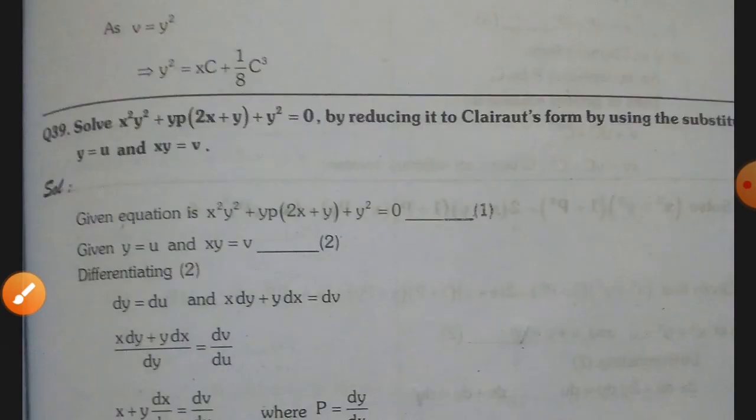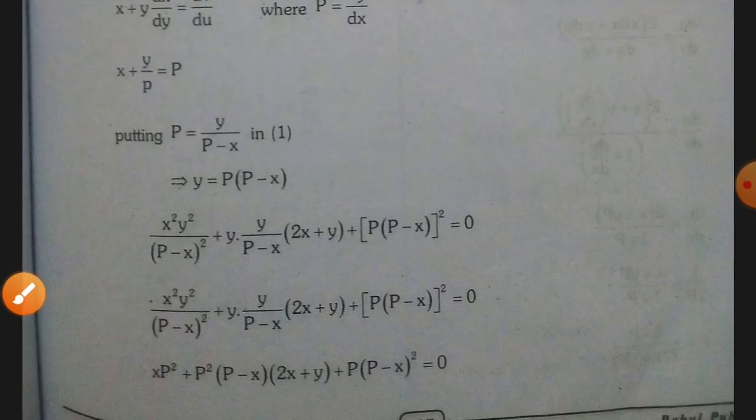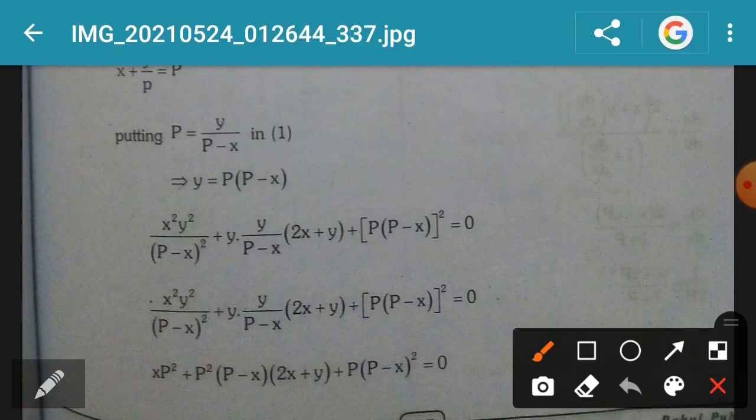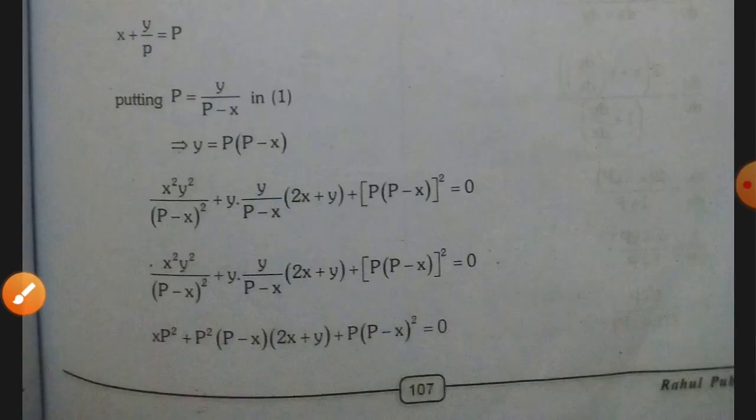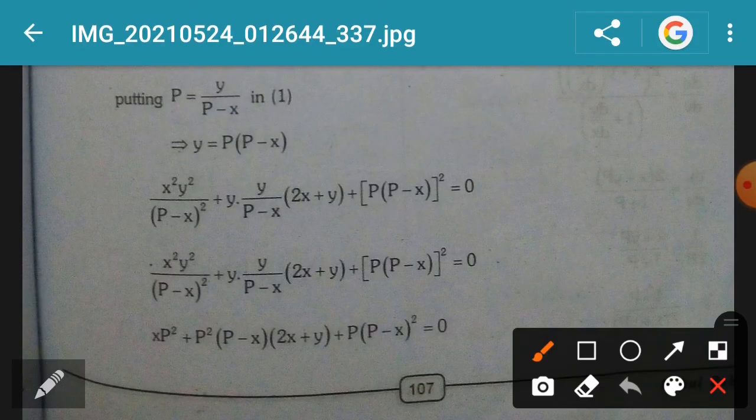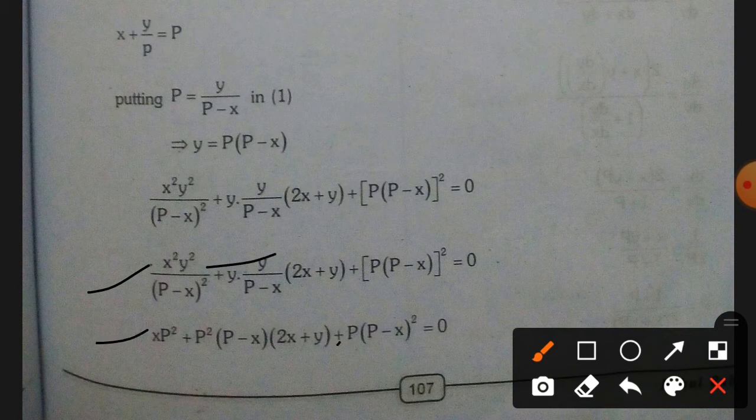This is the y square value. Okay, now we go for the simplification. We simplify here and here, and we get that value.